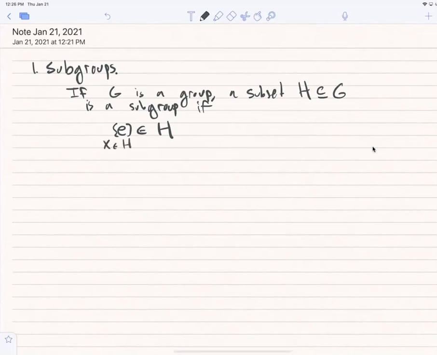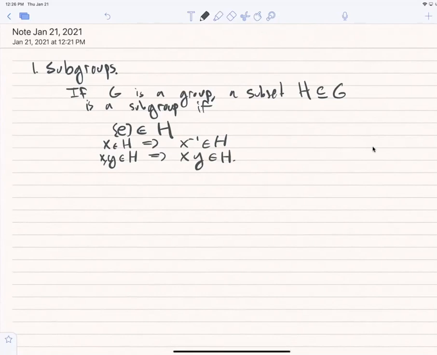If x contained in H implies x inverse is contained in H, and x, y both in H implies x times y is in H.